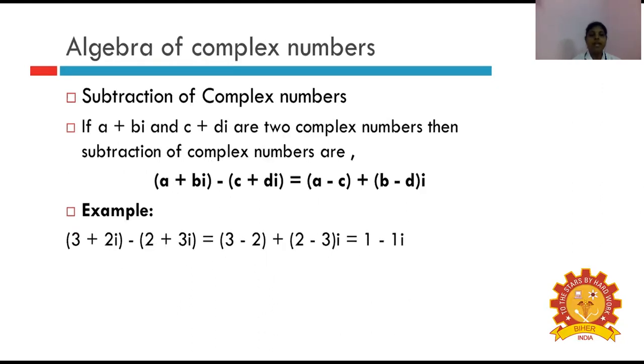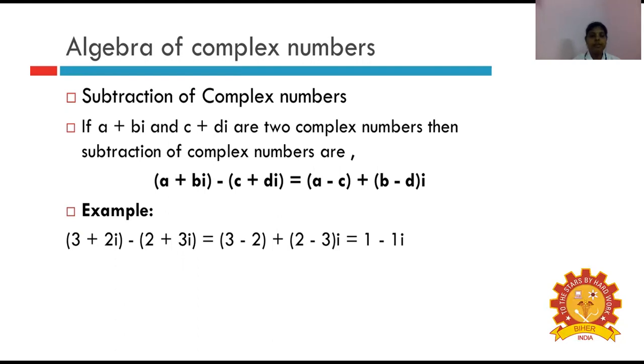Next, subtraction of complex numbers. If a plus bi and c plus di are two complex numbers, then subtraction of complex numbers is (a plus bi) minus (c plus di) equal to (a minus c) plus (b minus d) into i.